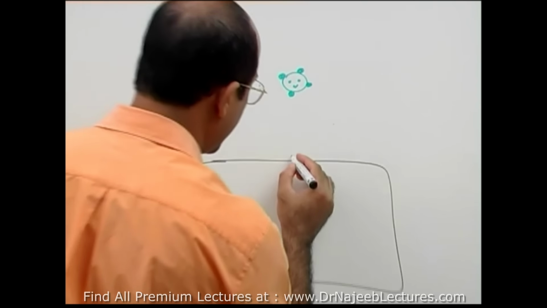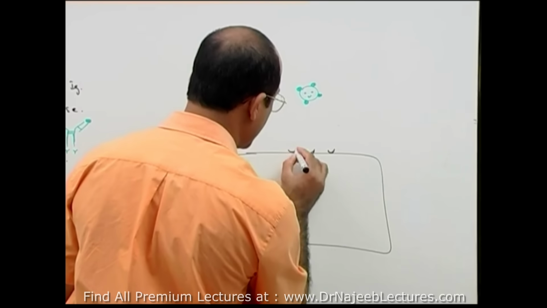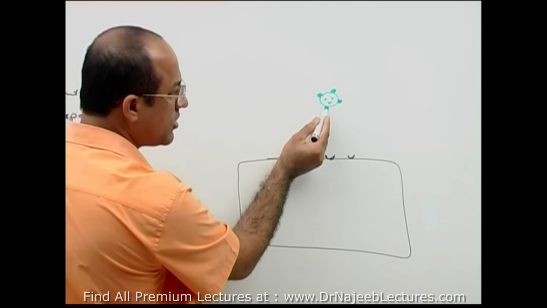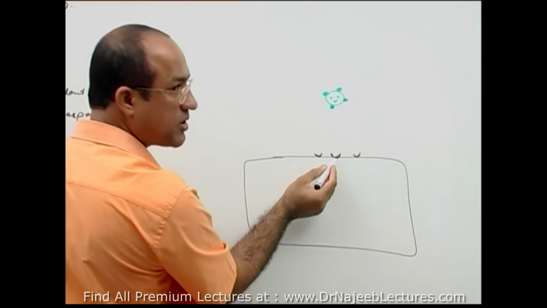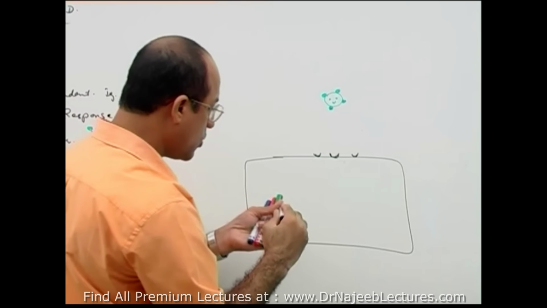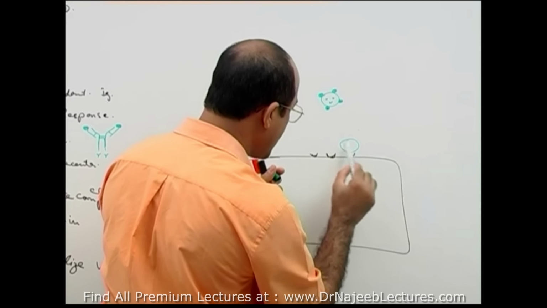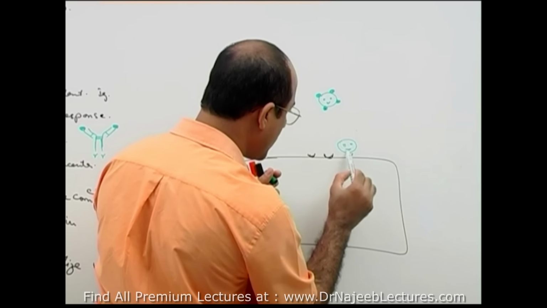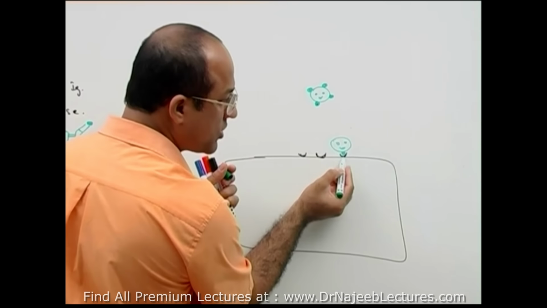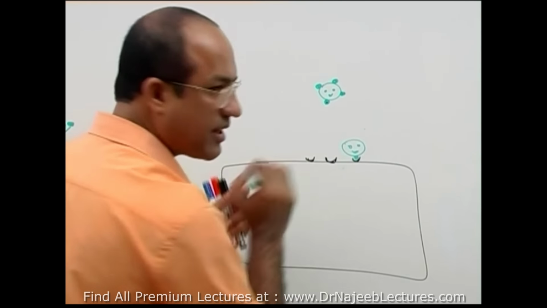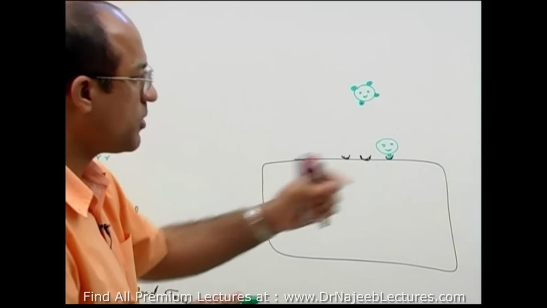On the target cell there must be receptor proteins, and let's suppose this protein of the virus will bind with this cellular protein. So the virus will bind here like this, right? And when these two proteins interact, then the virus will be taken in, or the virus genetic material will go in.